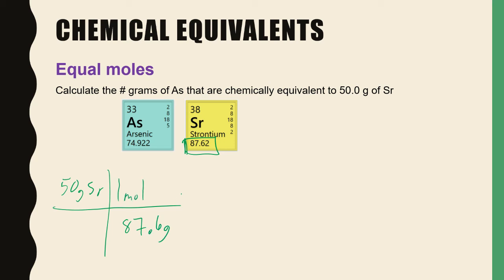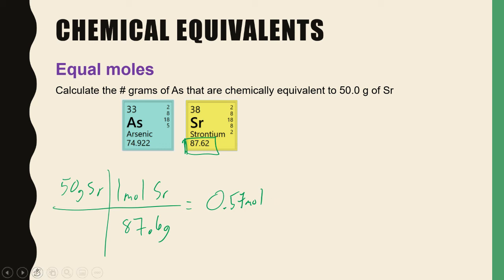And that'll tell me how many moles of strontium I have. So 50 divided by 87.6 is 0.57. So 50 grams represents 0.57 moles of strontium.